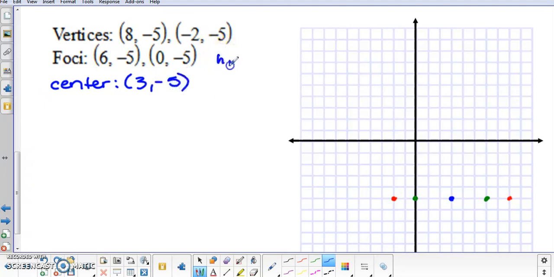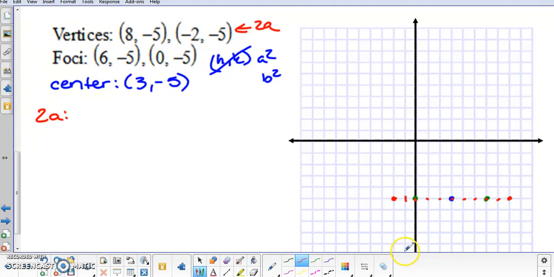So h, k, a squared, b squared. I have both of these. I need to figure out a squared and b squared. In order to figure out a squared, I'm going to use my vertices right here, because this is going to get me 2a. I can go 1, 2, 3, 4, 5, 6, 7, 8, 9, 10, just like we did to get the center.